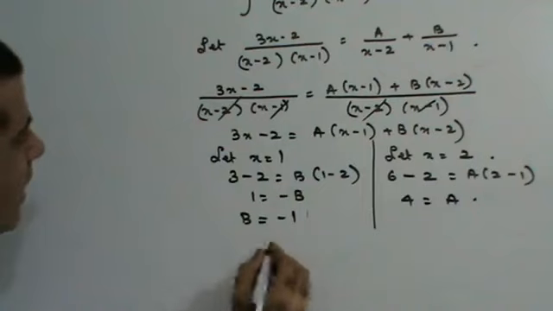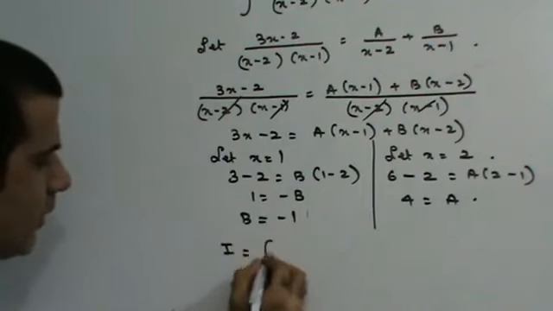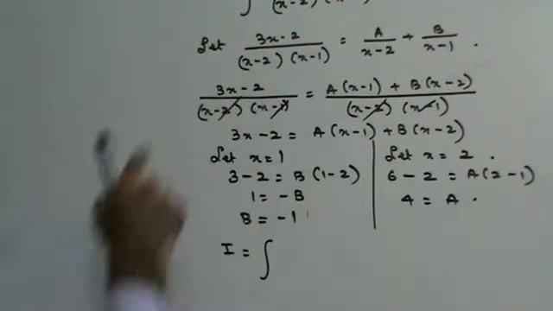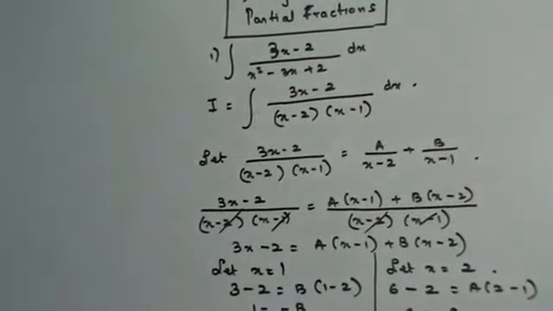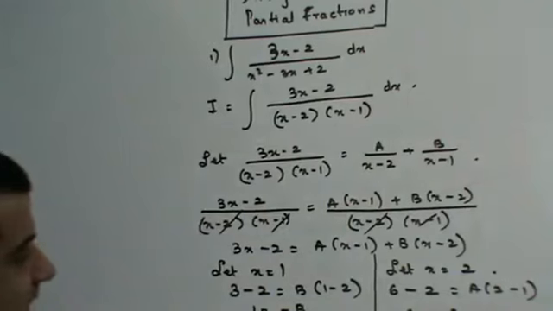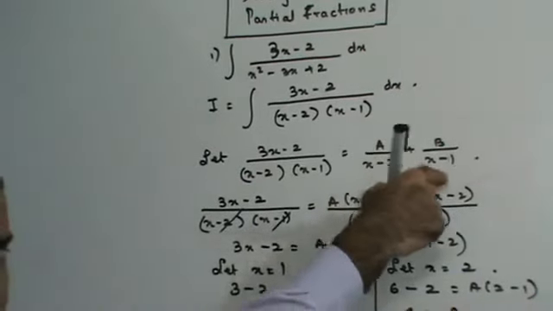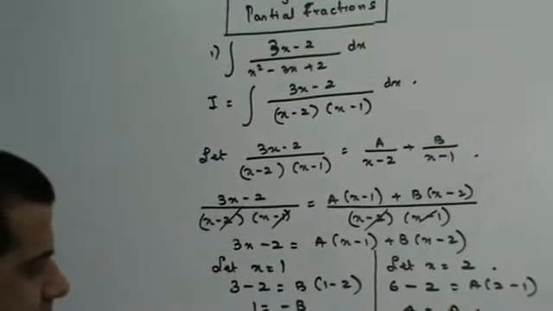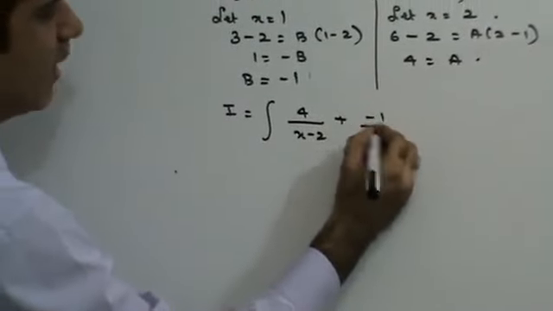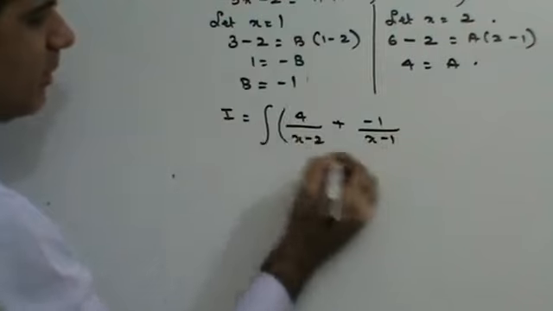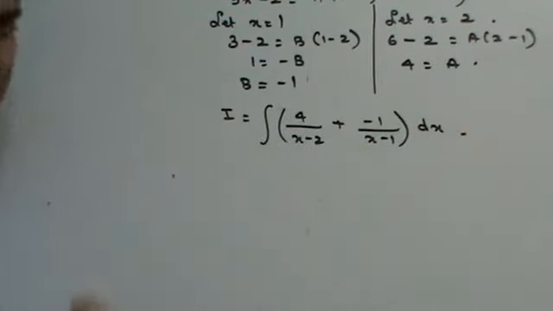Now I can say that I is integral of this 3x minus 2 upon x minus 2, x minus 1, which we have assumed is a upon x minus 2 plus b upon x minus 1. a is 4 upon x minus 2 plus b is minus 1 upon x minus 1 dx.